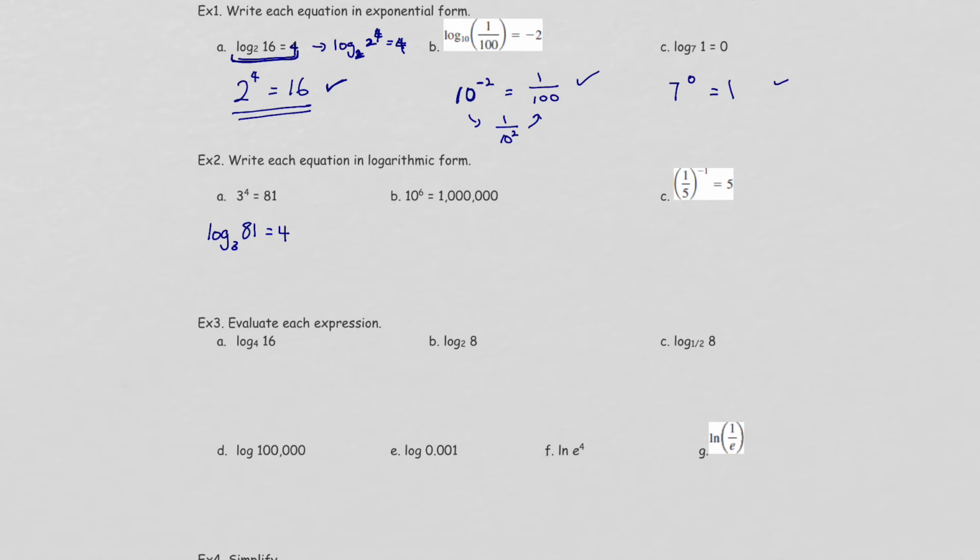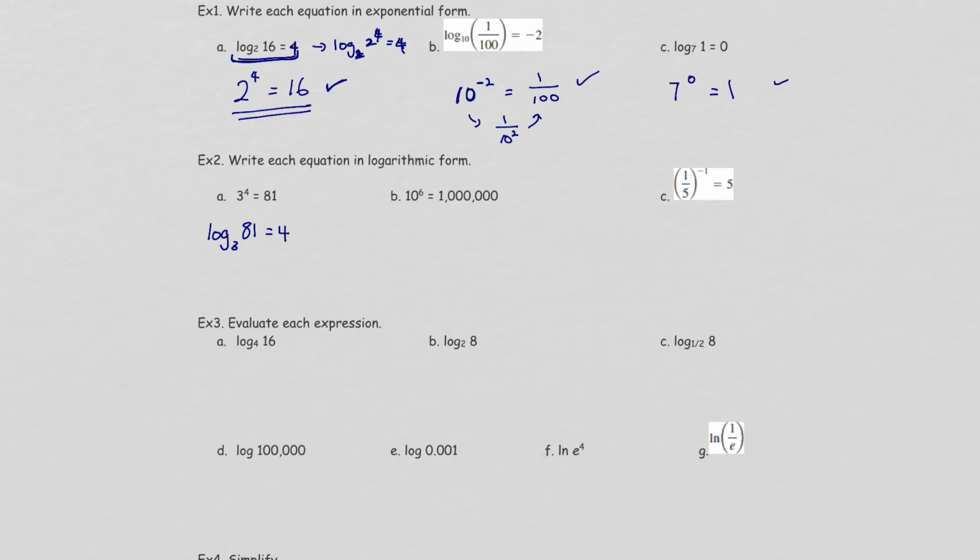If you wanted to change this math sign into the English language, it means what exponent you need to have for 3 to make 81. That's what it's saying, right? Well, that will be 4.